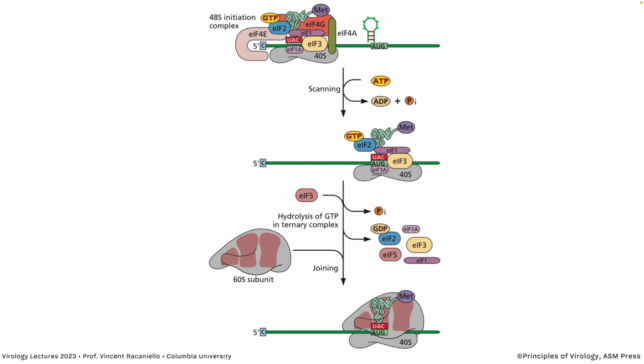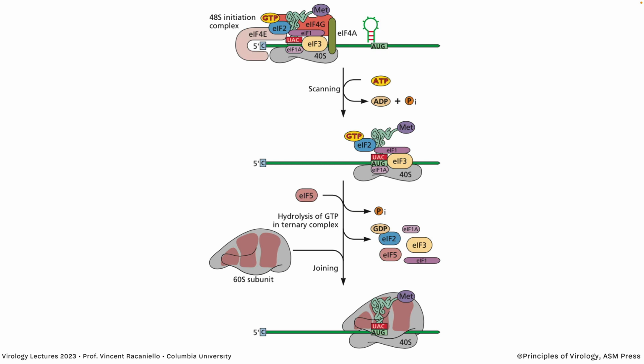So now we have a full ribosome on the mRNA with the very first tRNA there, the Met tRNA, and then the ribosome can start moving down and decoding the mRNA one triplet at a time. That's how translation is initiated.